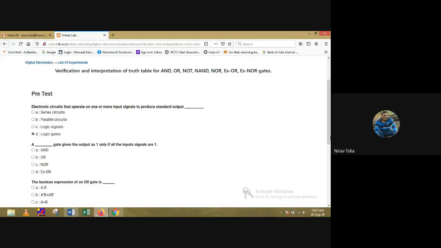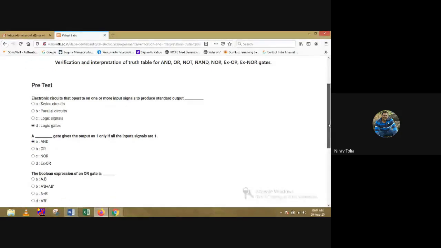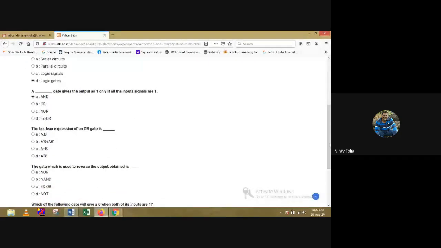Okay, Kayuri, Dirga, Mihir, Miloni. So the AND gate. AND gate is the gate which gives the output 1 only if all the input signals are 1. Okay, very good.